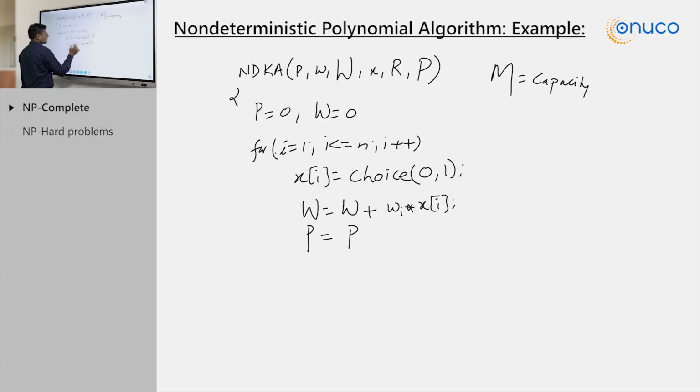So P initialized with 0, P plus small p of i into x of i. As an example, if some element is 10 rupees per kg and you purchase 5 kg, you multiply 10 into 5, which is 50. So it is as simple as that.